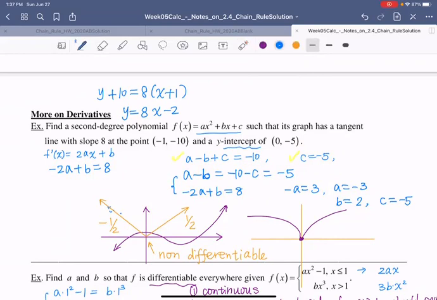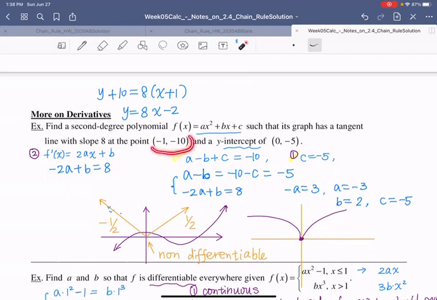So let's summarize the steps, okay? Step 1, get the constant value of C. Step 2, based on the slope equals 8 at this point, you find the f prime, and then you plug in -1 into here. This slope is 8, so you make -2A plus B equals 8.